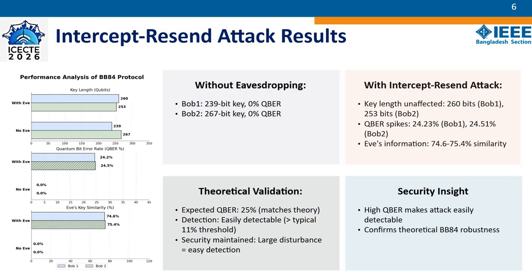When an intercept attack was introduced, QBER spiked to approximately 24 to 25%, and similarity to the key reached around 75%. This aligns closely with theoretical BB84 predictions. The key takeaway is that intercept-resend attack introduced large, easily detectable disturbances, ensuring the protocol's security.